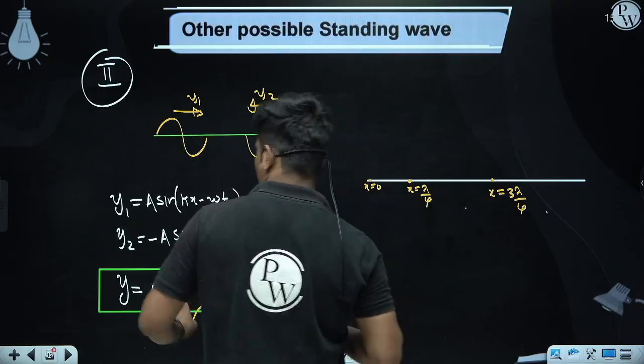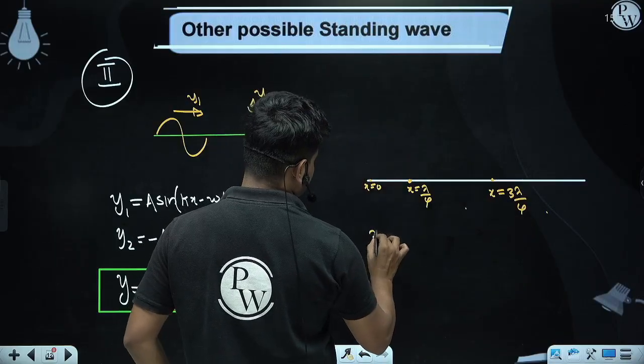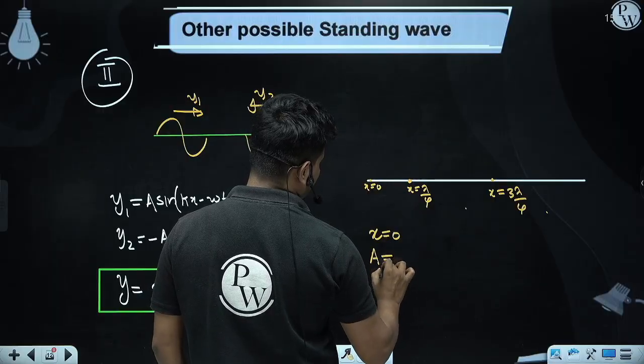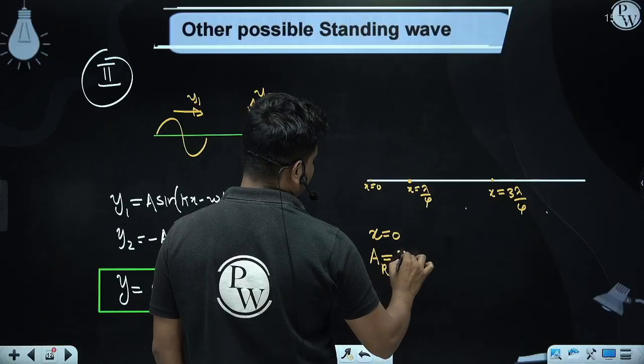So what can we say when x is equal to 0? The amplitude of the resultant wave is 2a.